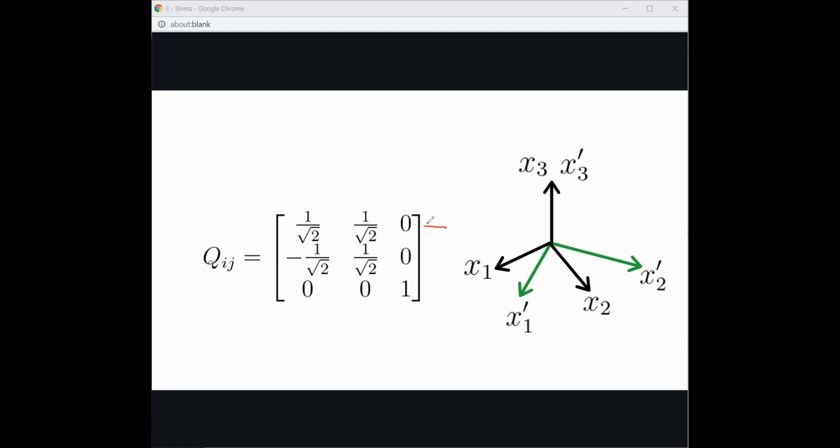Row 1 represents E hat 1 prime. Row 2 represents E hat 2 prime. Okay. Lastly, 3 is E hat 3 prime.